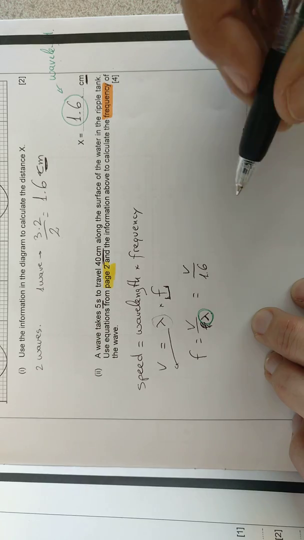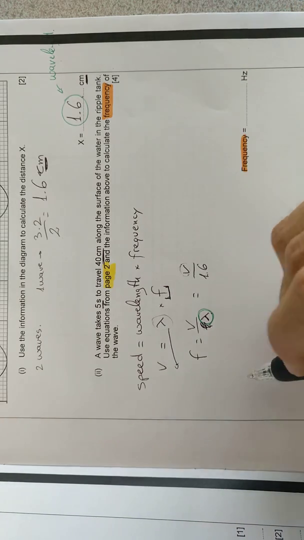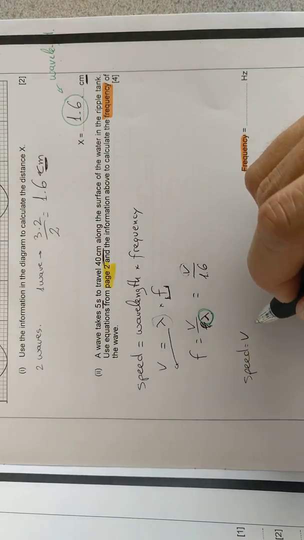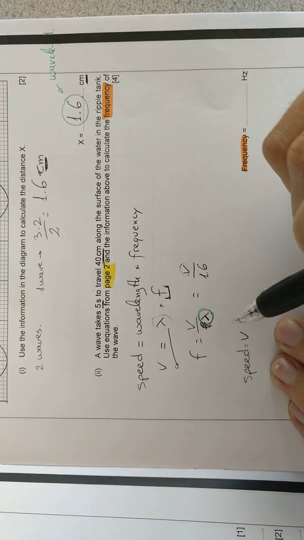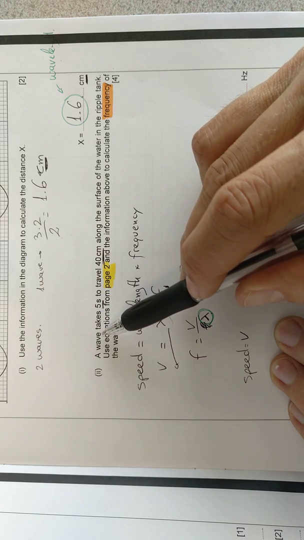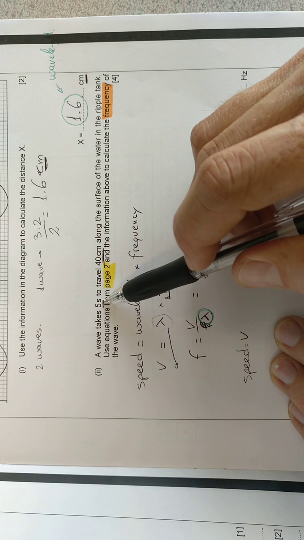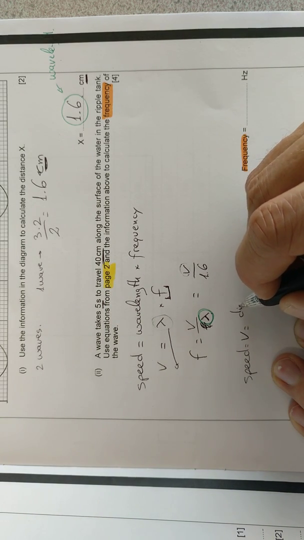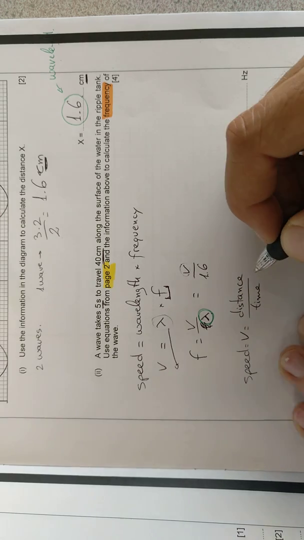But what is our problem? We need to calculate the speed of the wave. And we don't know how to do it. However, they are giving us extra information: the wave travels 40 centimeters in 5 seconds, and that is equal to the speed, distance over time.